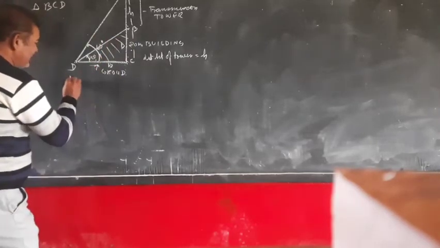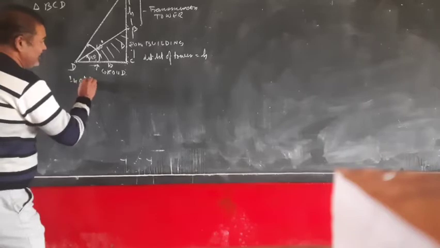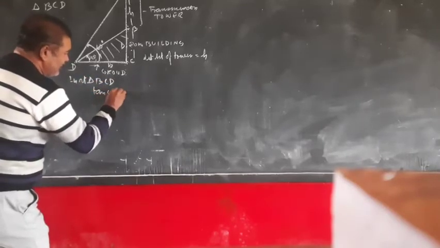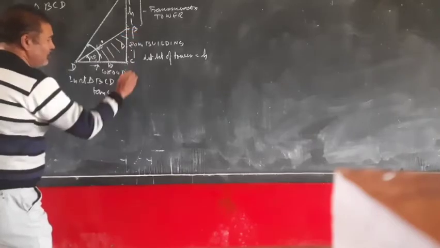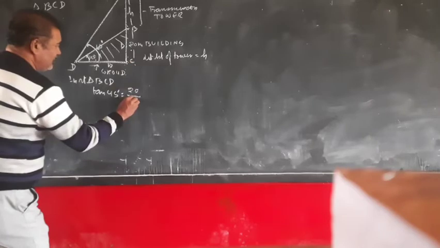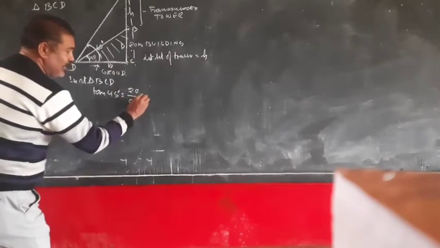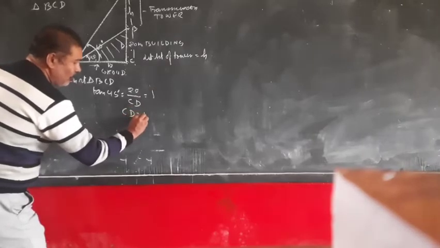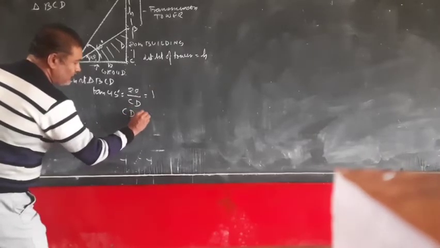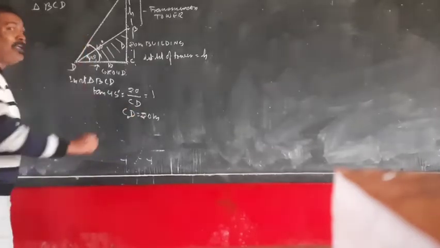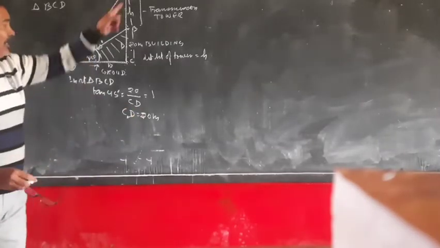In right triangle BCD, tan 45 degree is equal to 20 upon CD, and tan 45 degree is equal to 1. So CD is equal to 20 meter. And this CD is also applicable in which right triangle?